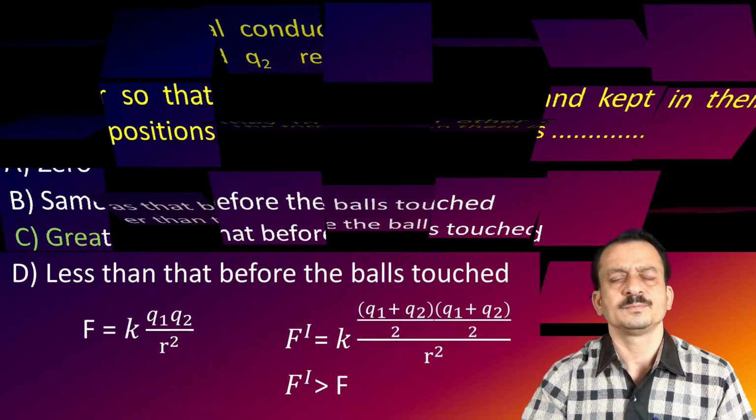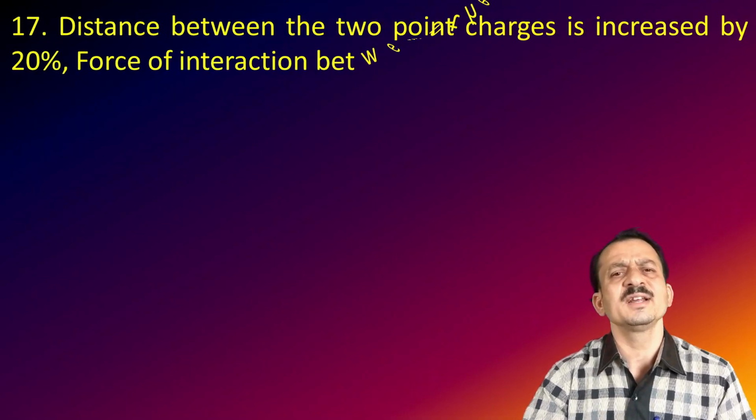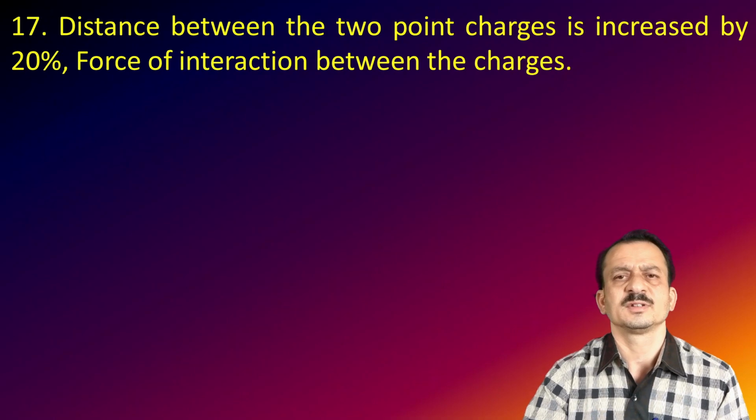Next problem. The distance between two point charges is increased by 20%. The force of interaction between the charges: we have an initial distance D or R. If it is increased by 20%, what will be the new force?